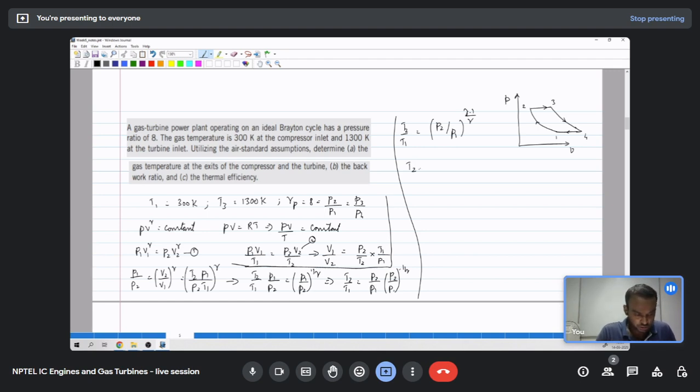Now T2 is equal to T1 into P2 by P1 power gamma minus 1 by gamma. Here T1 is given as 300 Kelvin.